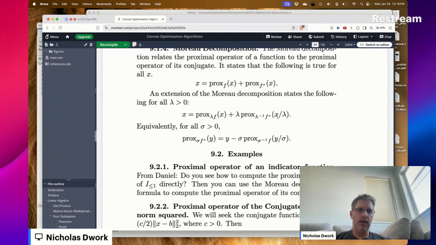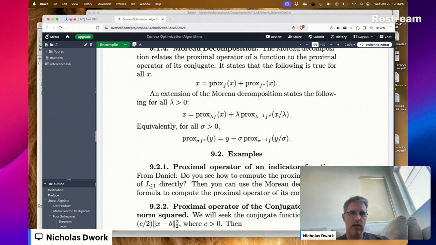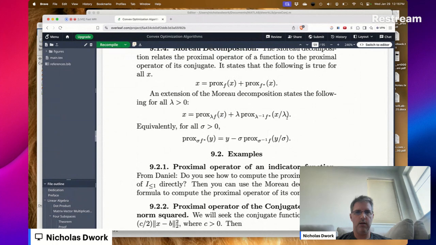Let y equal x over lambda. Okay? So then here, and let sigma equal lambda inverse.